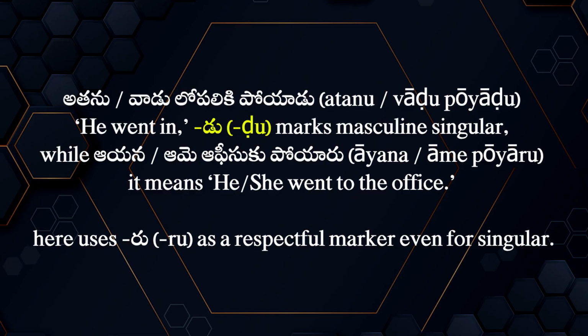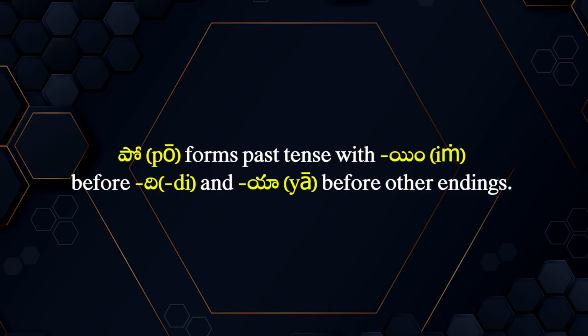It means he or she went to the office. Here it uses ru as a respectful marker even for singular. Thus, po forms past tense with im before di and ya before other endings. This pattern applies to both main and compound verbs, making it a key structure in the Telugu language.